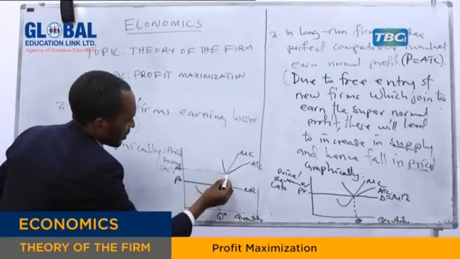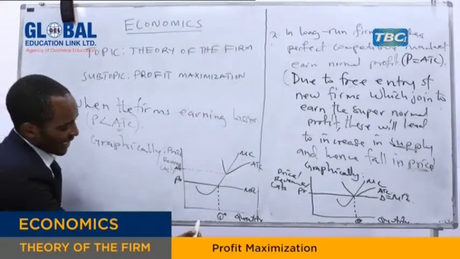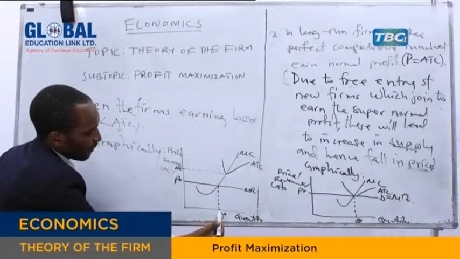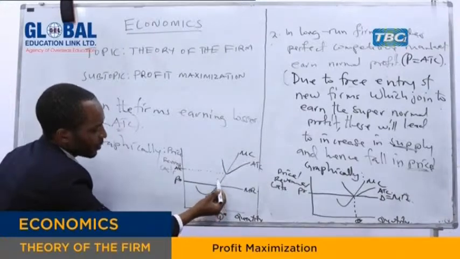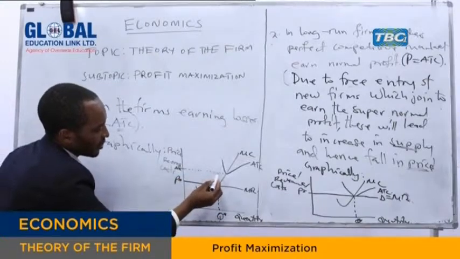So the maximizing level of output is this one, and you extend this vertical line up to the line which shows the average total cost.